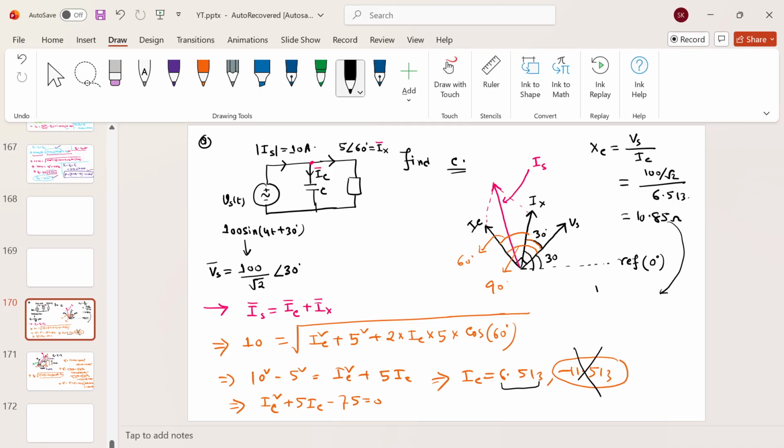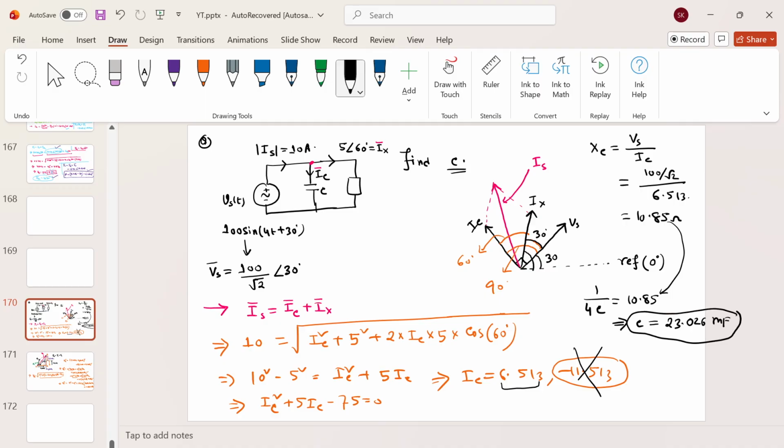So you can calculate 1 by omega C is equal to 10.85. Omega value is 4. So you can calculate C is equal to 23.026 millifarad.